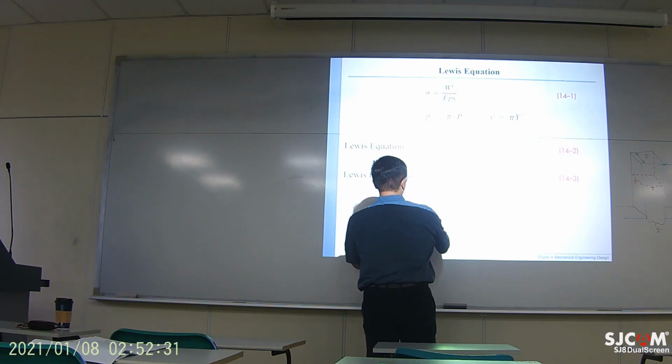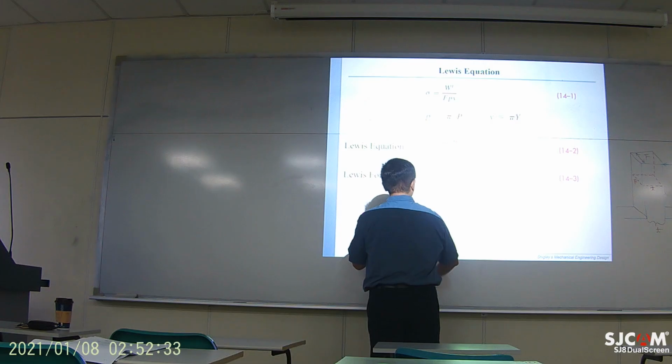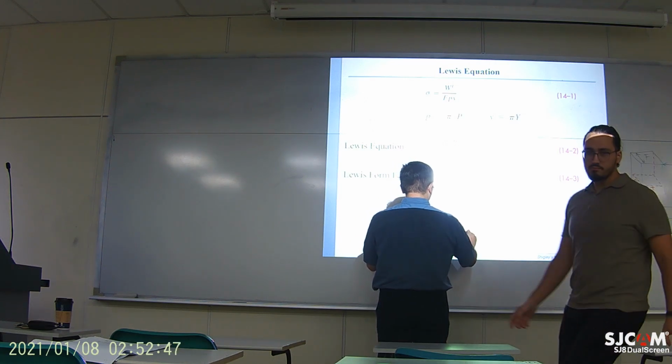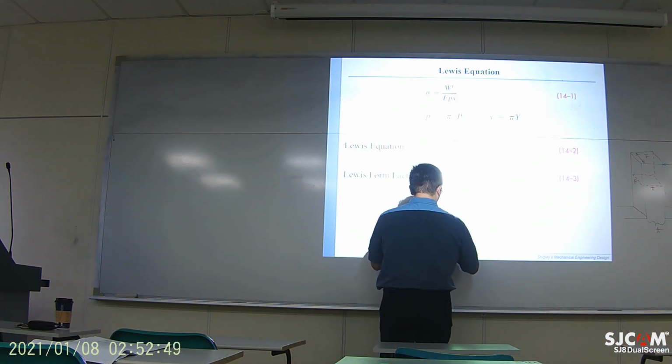Small p, 3y over 2x, times capitalized P equals pi. So capitalized P equals 2x pi over 3y.